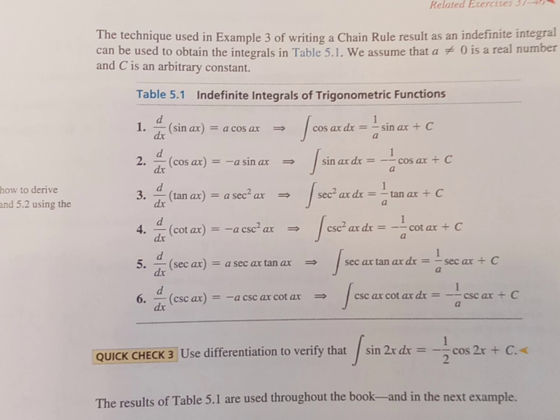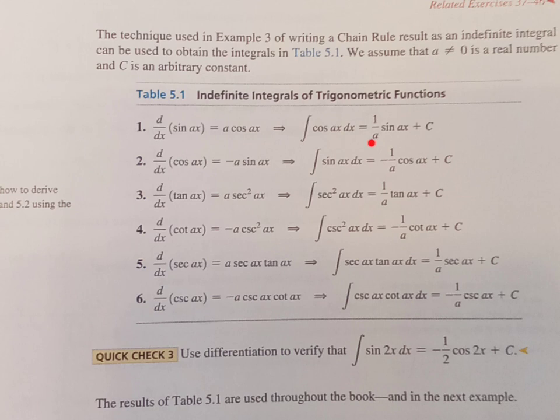So they're saying you can just use this as long as you're just multiplying, your inside function is just some number times x. And then this is the rule. So remember, we're going in this direction now. We're starting here, going here. So what is the antiderivative of cosine ax? Well, it's 1 divided by that number that you're multiplying by on the inside.